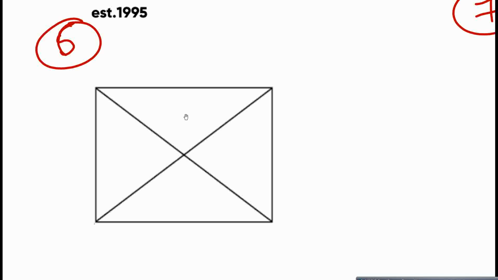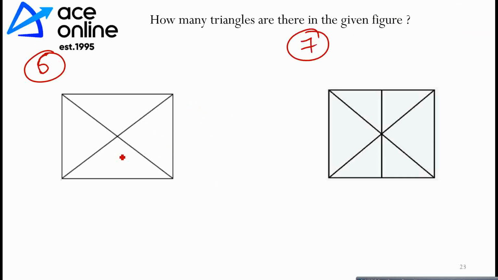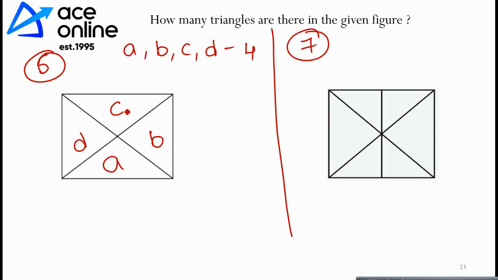Now, if you see this one, how many triangles? 8. So for a basic question, we'll go with manual calculation. A, B, C, D. A is one triangle, B is one triangle, C is one triangle, D is one triangle, total 4. That is 1 combination. Then what do you have to do after one combination? Try 2 combinations. AB is one triangle if you observe, BC combination, CD, DA. Super. 4, right?